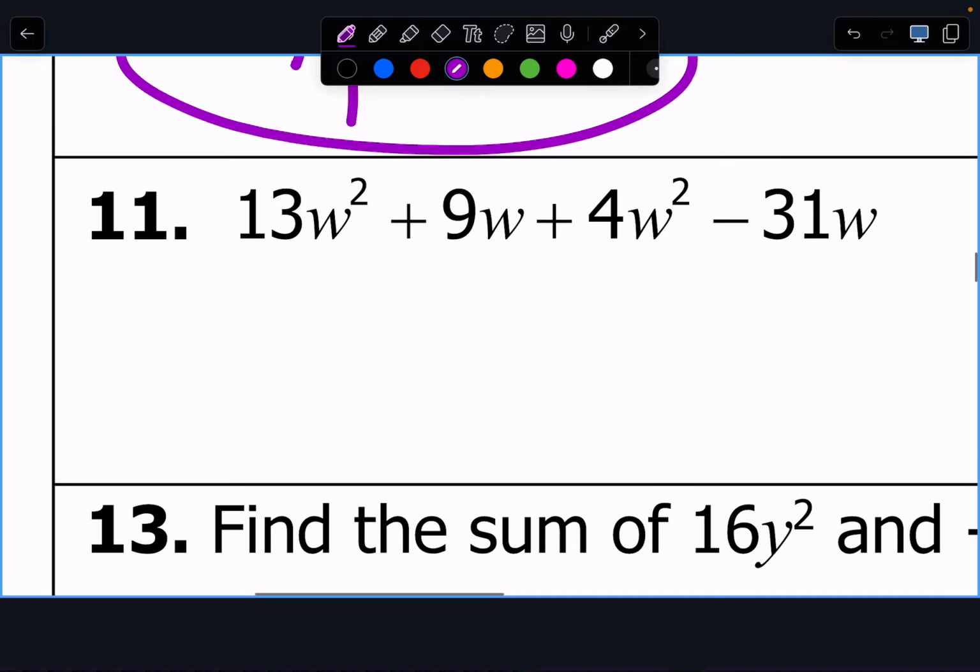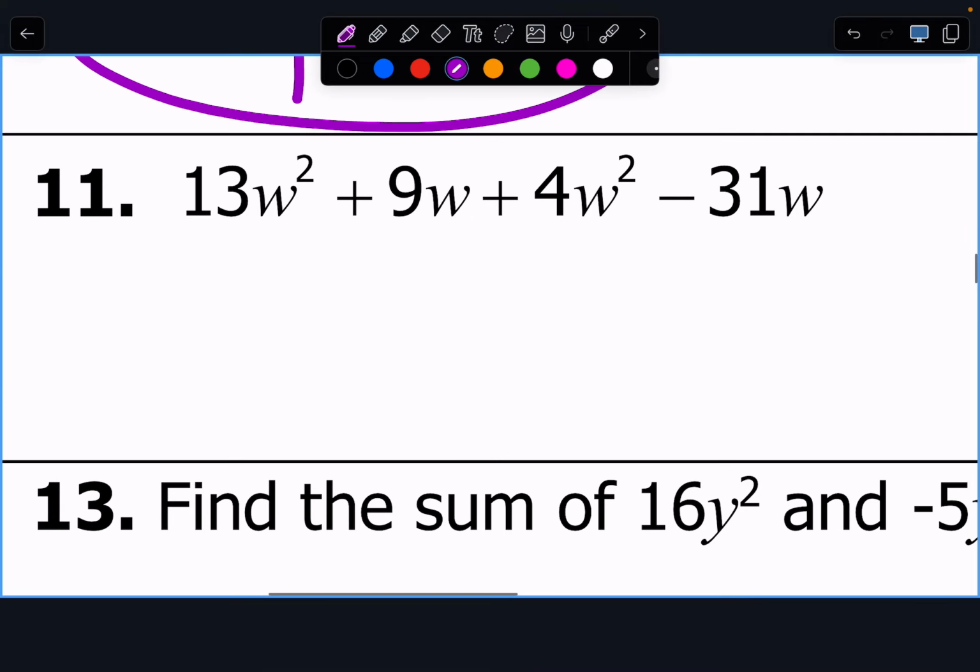Now, what about number 11? Are all of those like terms? No. They all have w's, but they're not all the same exponents. So I'm okay with 13w squared and plus 4w squared combining, but plus 9w and minus 31w, that's a separate like term.